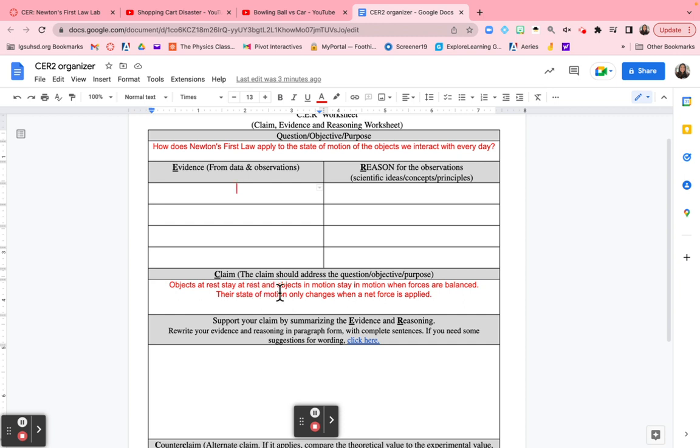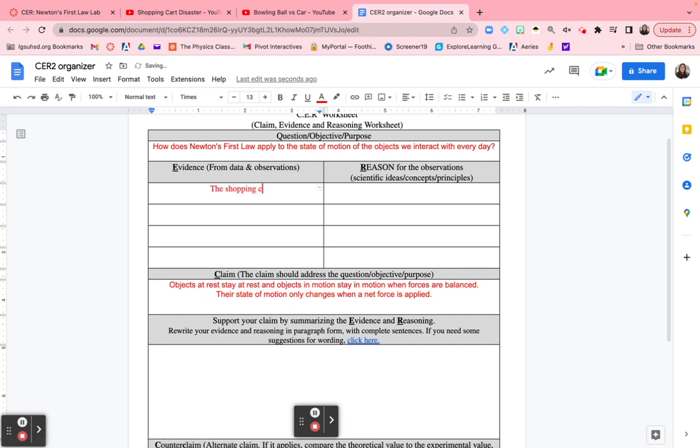You don't want to mention the claim in the evidence, but as you describe what you saw and observed, you can tie that back into the claim when you type out your reasoning. So something like this would be appropriate.